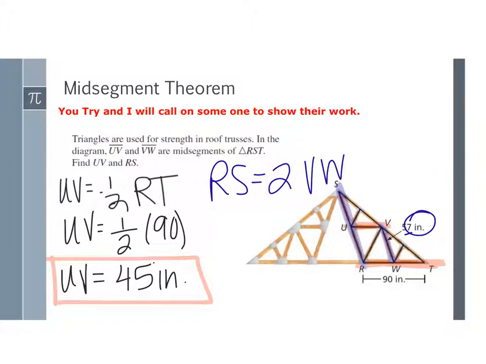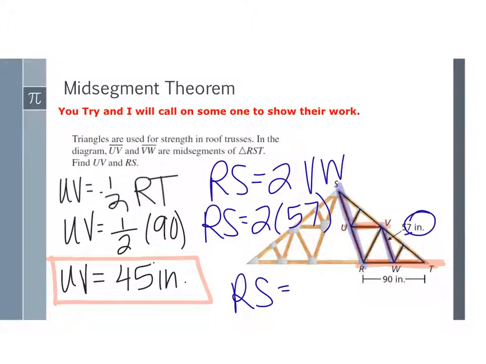So if I plug in 57, RS is 2 times 57. 57 times 2 is 114. So RS is 114 inches.